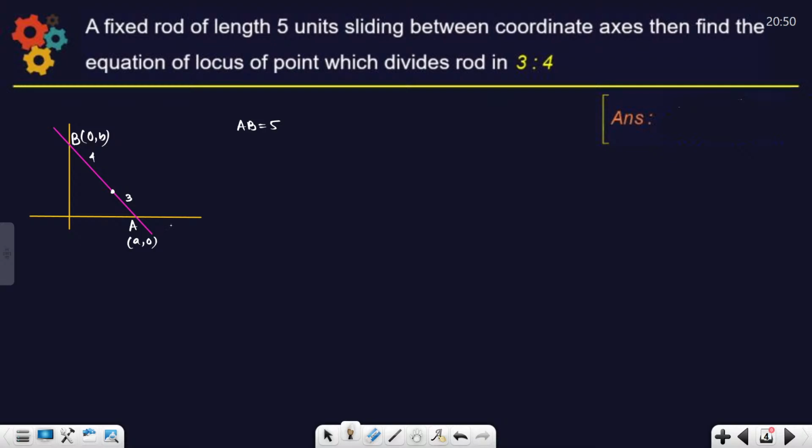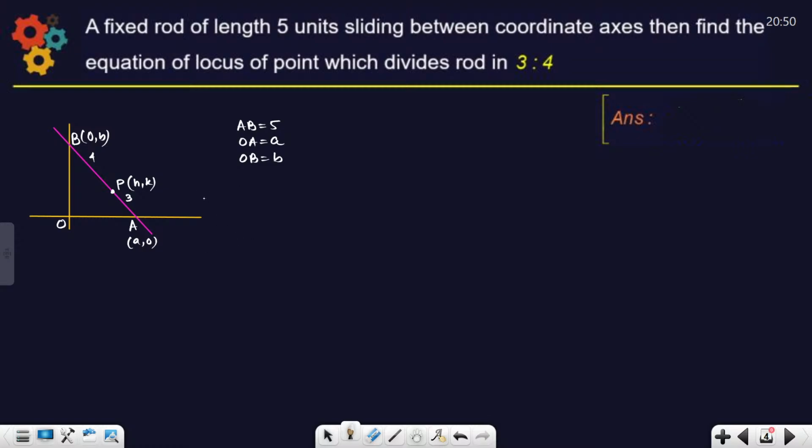OA is basically a and OB is basically b. And I have to find the locus of this point. Let us denote this point by P, and let the coordinates of this point be (h, k). So we have to find the locus of point P.